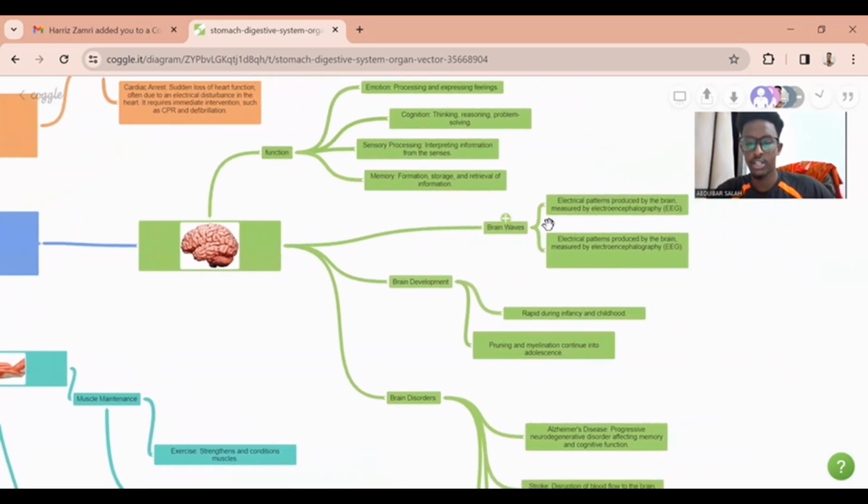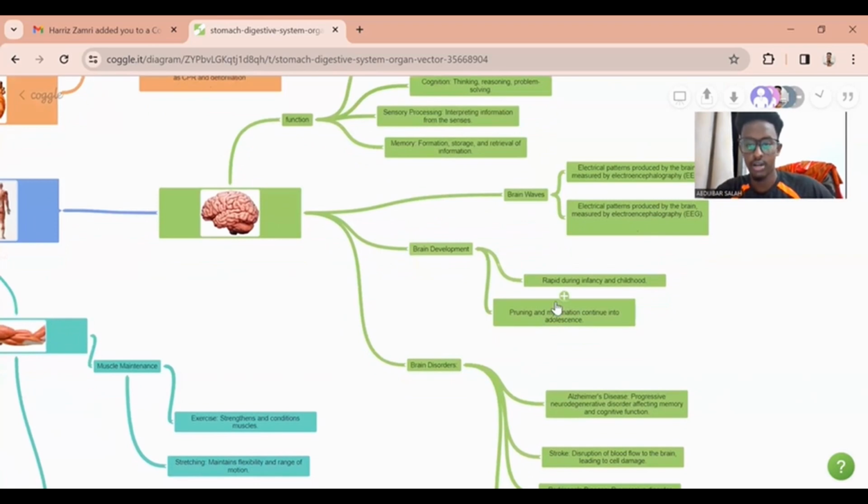Brain waves: electrical patterns produced by the brain, measured by electroencephalography. Brain development: rapid during infancy and childhood, myelination continues into adolescence.